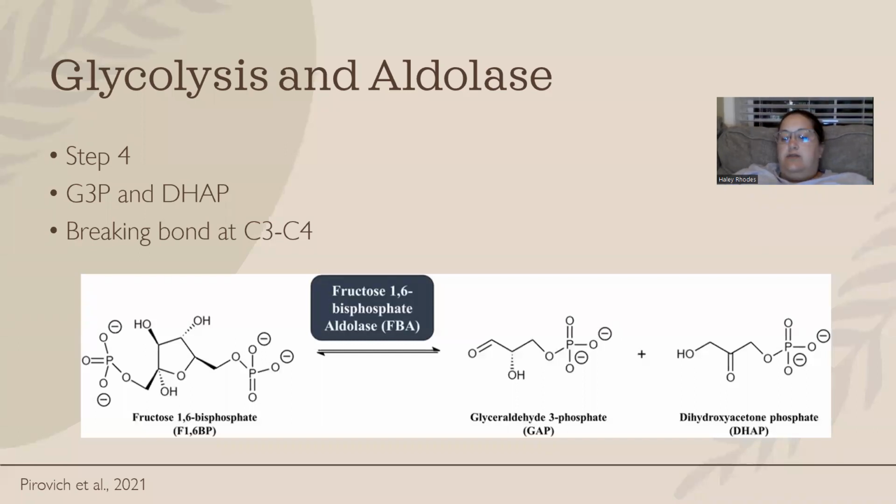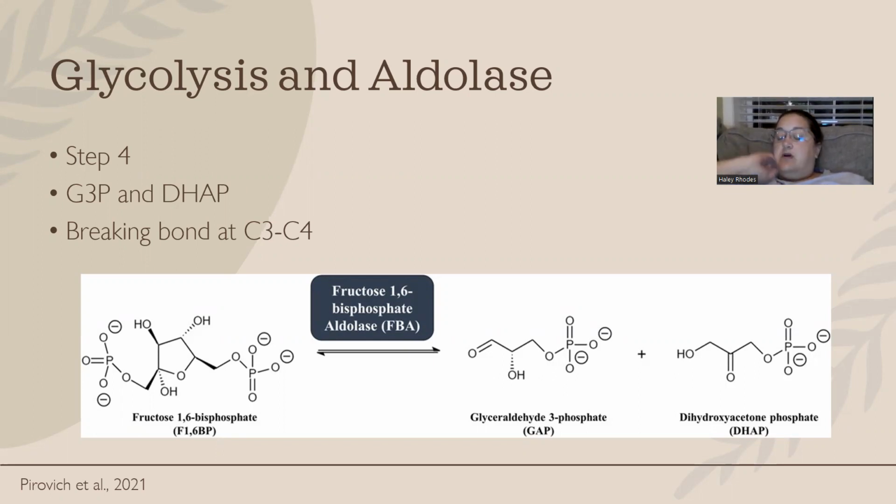So let's take a closer look at the role of aldolase in step 4 of glycolysis. Again, aldolase is responsible for cleaving the fructose 1,6-bisphosphate molecule. The two molecules that are formed at the end of the reaction are isomers, known as triose phosphates.